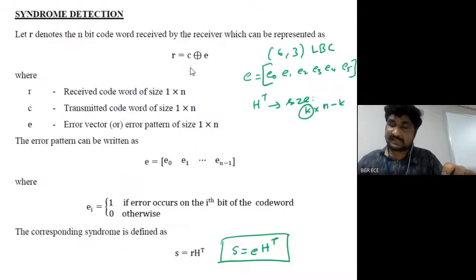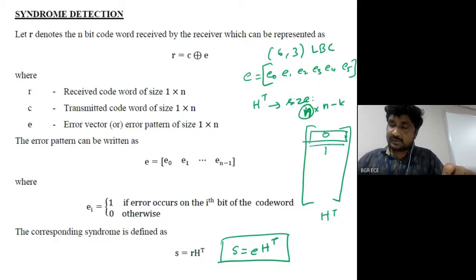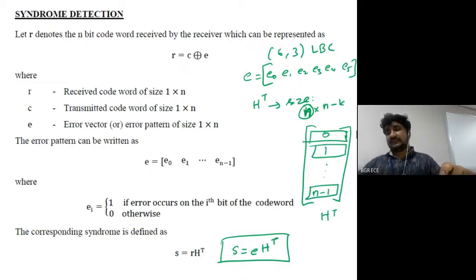So H transpose will be n cross n minus k, where n is the number of bits in the code word. So it has n number of rows. The H transpose consists of n number of rows, let me assume the 0th row, first row and up to n minus 1.